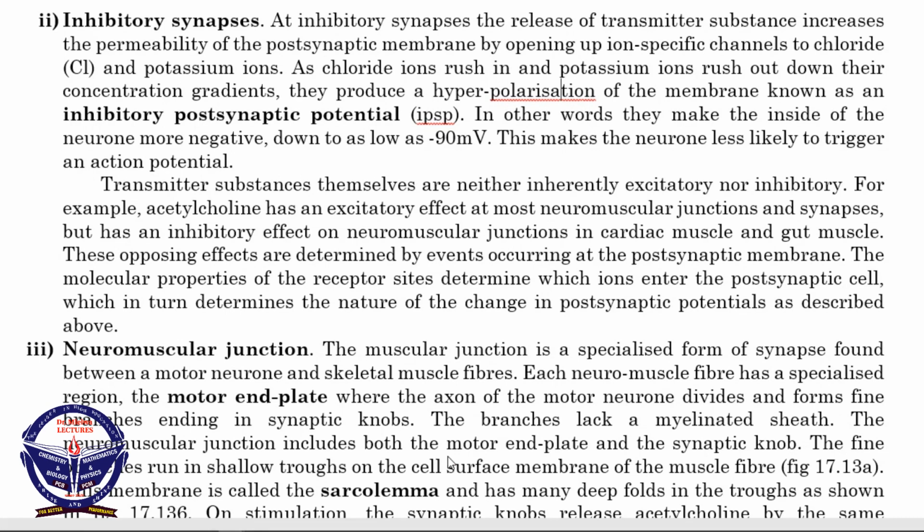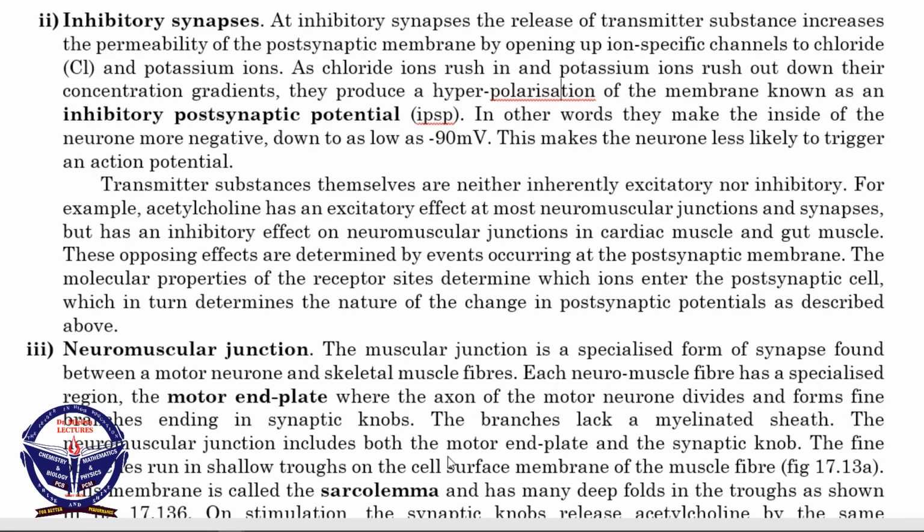So if you understood the concept of the excitatory synapse, I said in the previous session that excitatory synapses are those synapses where the binding of the neurotransmitter at the postsynaptic membrane makes the inside of the cell or the inside of the neuron become positively charged.